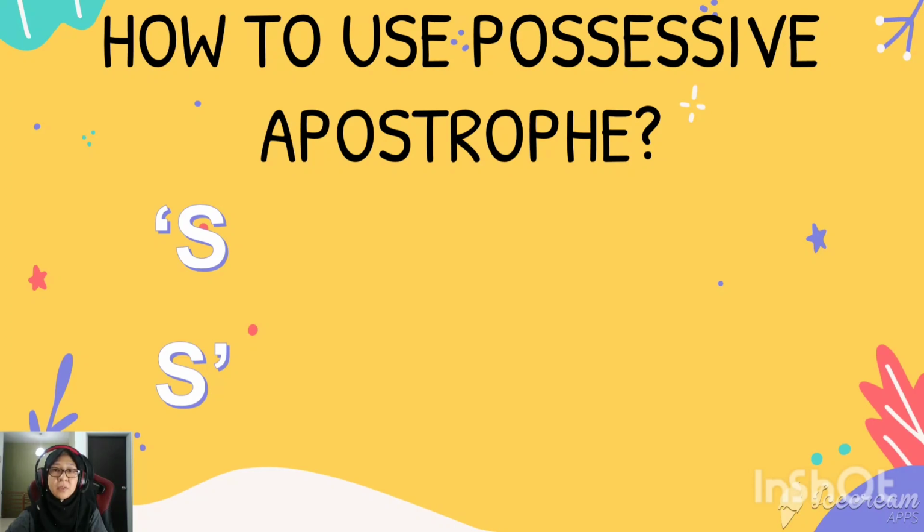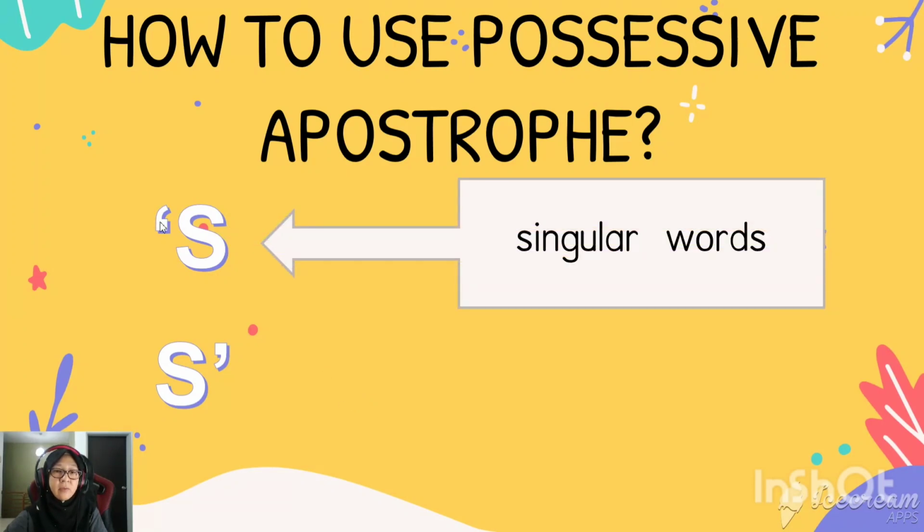So, how to use possessive apostrophe? As you can see here, apostrophe s will start writing with a symbol and followed by the letter s. For s apostrophe, we are going to write the letter s, and followed by the symbol.